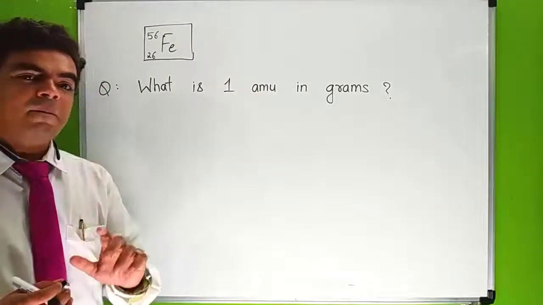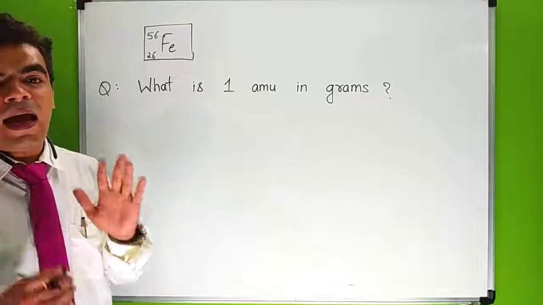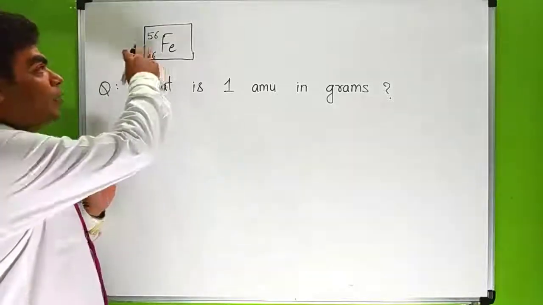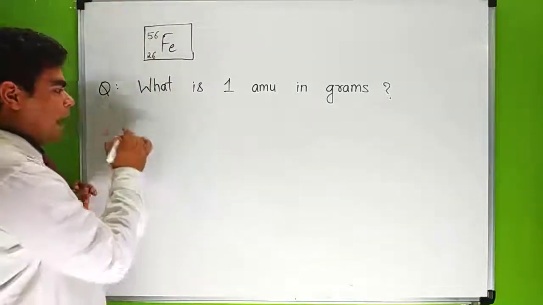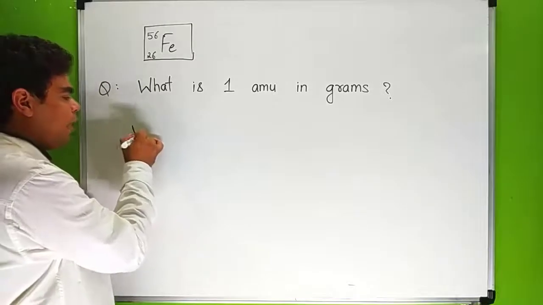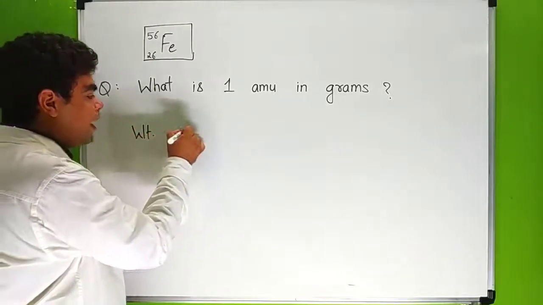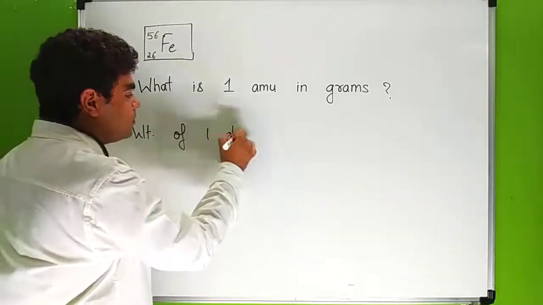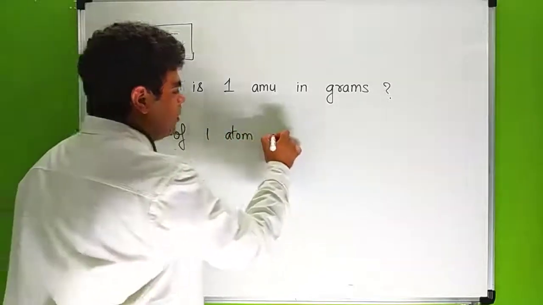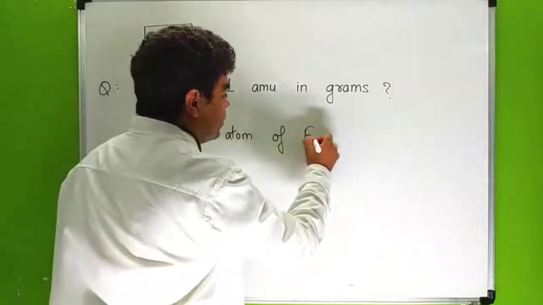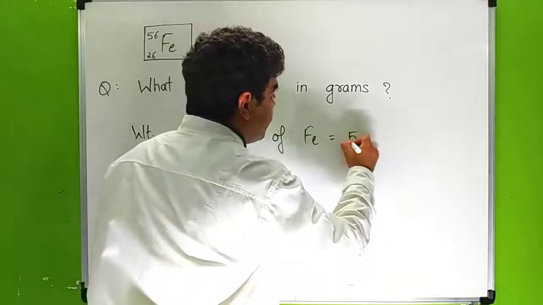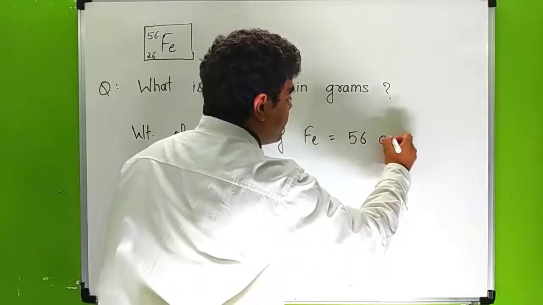As per my first statement, I had written that looking at this symbol, I can write weight of one atom of iron is 56 AMU.